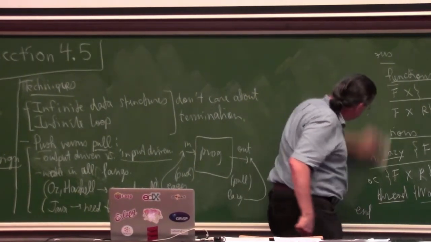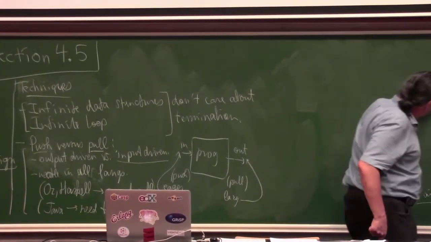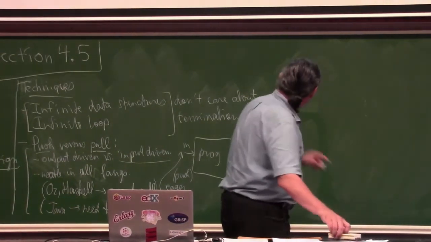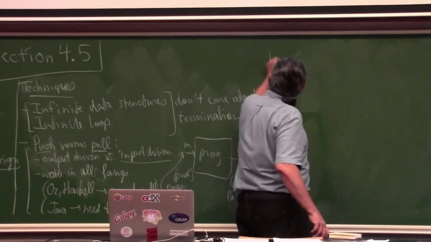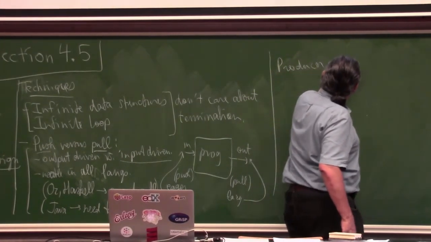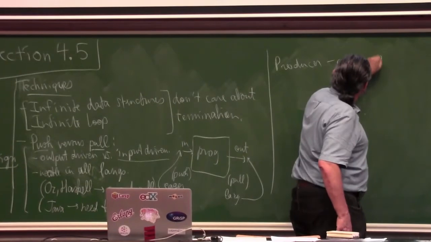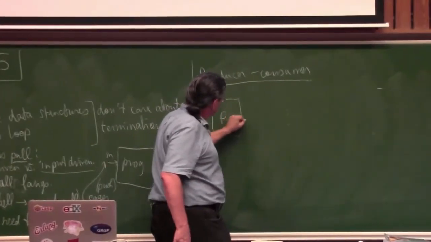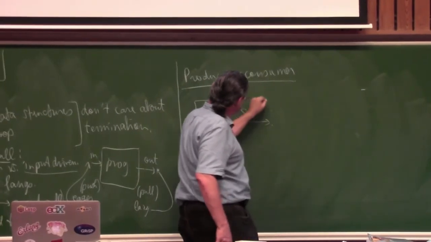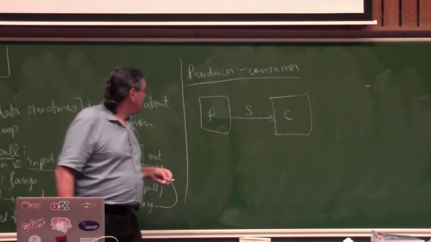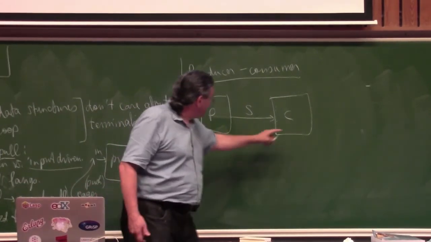I'm going to do a very simple producer-consumer example. We've already seen producer-consumer in the deterministic data flow. We have a producer, P, that generates a stream, S, and a consumer that consumes the stream. Now, there's two ways to do this.